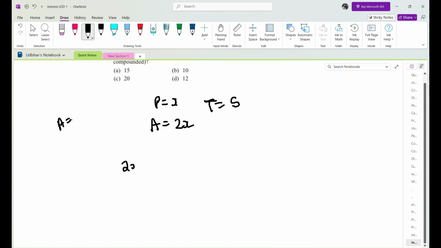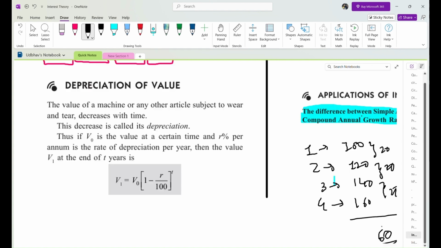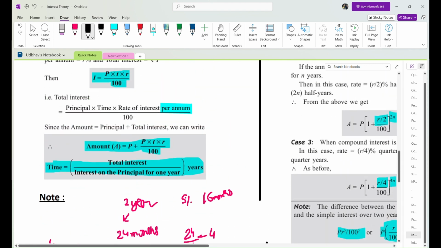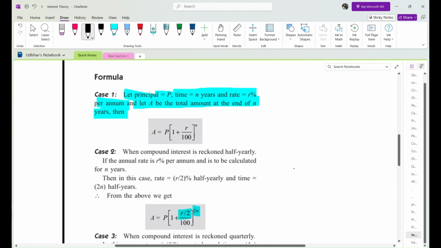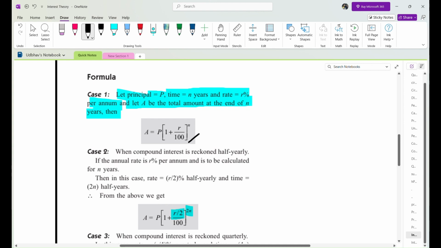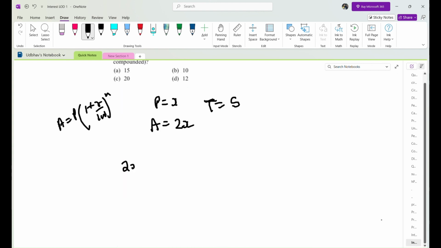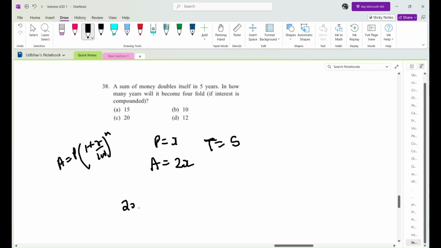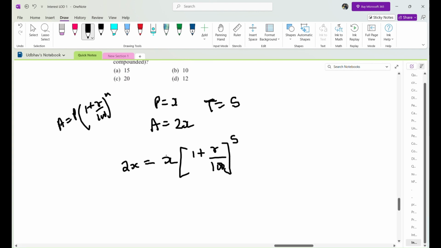The formula was amount equals principal into 1 plus r upon 100 to the power n, right? So 2x equals x into 1 plus, we don't know r, but we know the time.